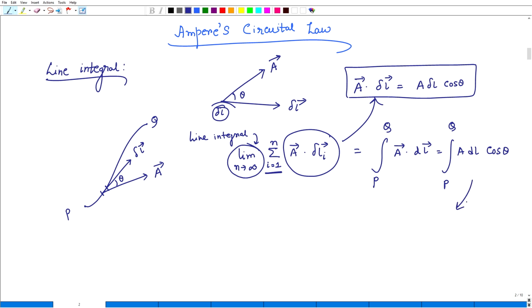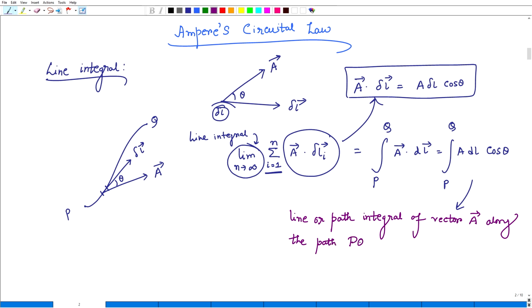So this is, let me write, this is our line or path integral of vector A, may be any vector, importantly along the path PQ.